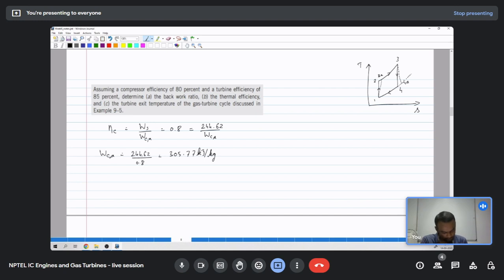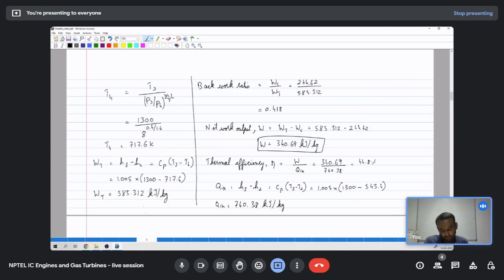Similarly, if you write the expression for the turbine efficiency, we will have turbine actual work divided by isentropic work. So 0.85 equals actual work, which is unknown, divided by the isentropic work we have calculated as 585.312.